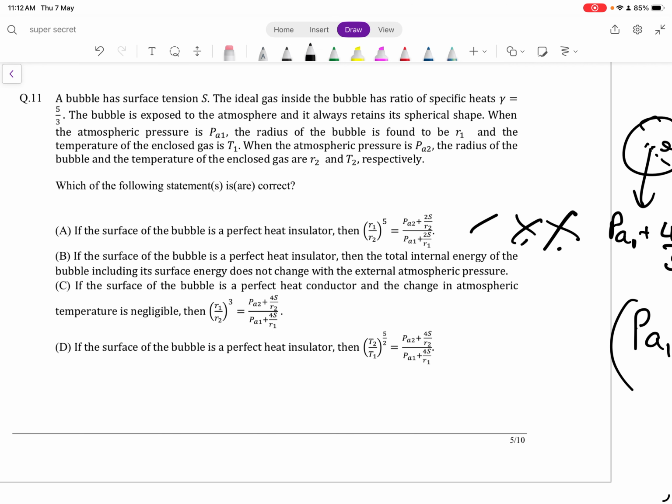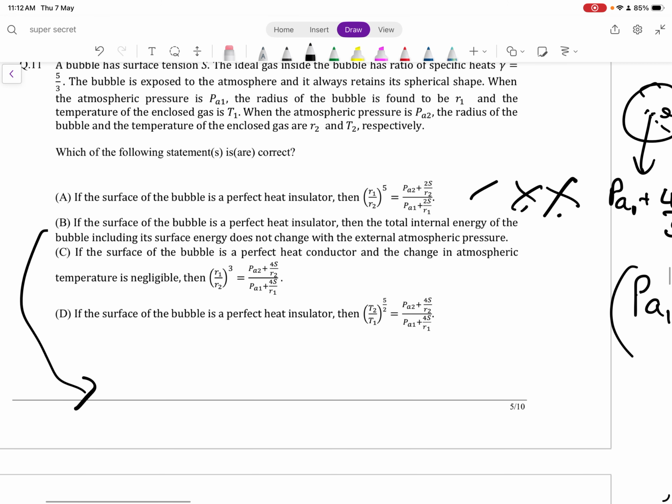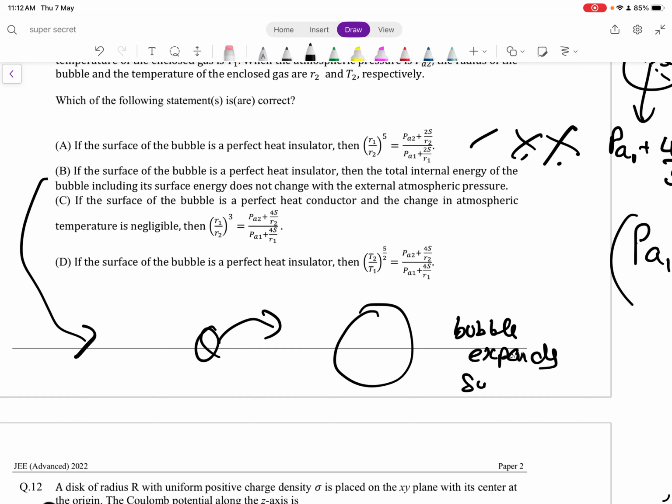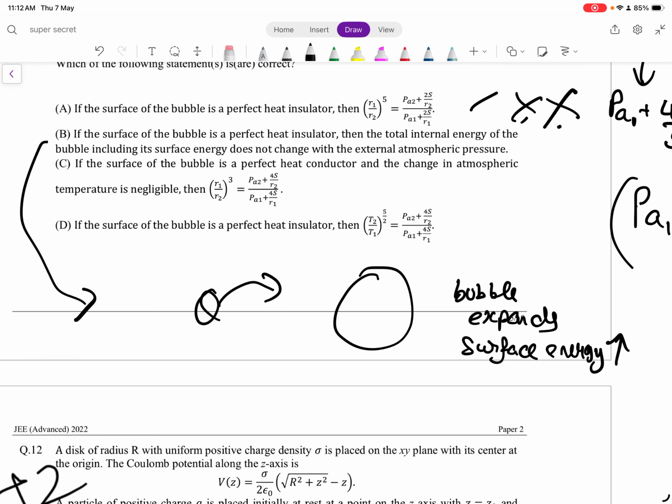But think about it like this. I don't know if this is correct or not. But we know for a fact that there's no Q coming in from the outside to the inside, right? And as a thought experiment, if the bubble expands, surface energy increases because surface area is increasing, but then the volume of the gas increases, which means temperature decreases, so internal energy decreases.